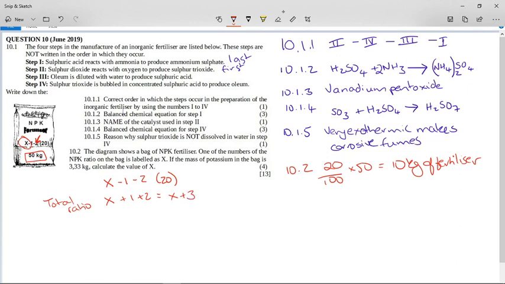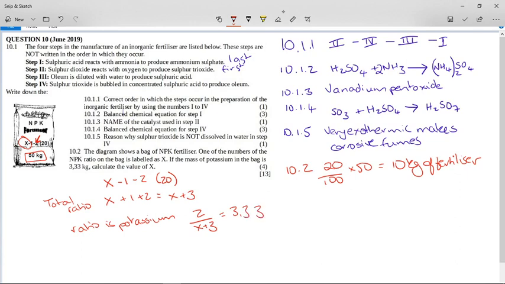So if you want to know what ratio is the potassium, the potassium is the 2. So the potassium is 2 over X plus 3.